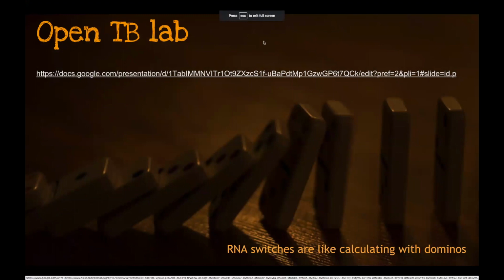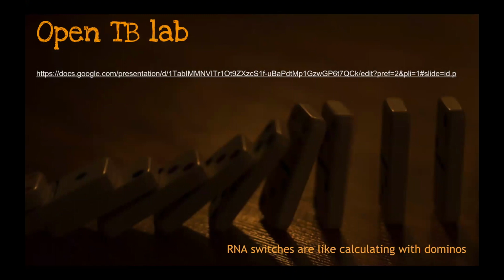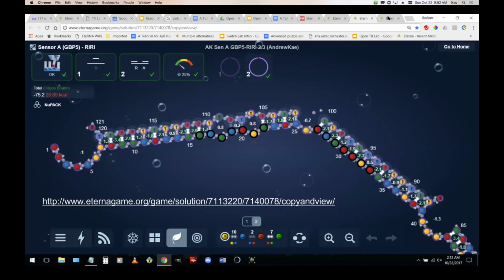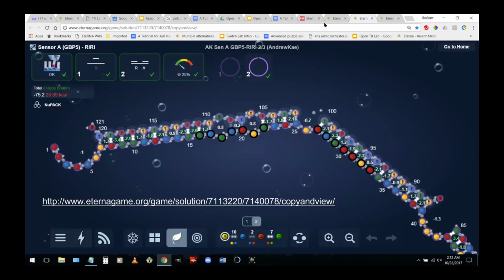The next one is from Eli, his OpenTB lab guide that he put out.